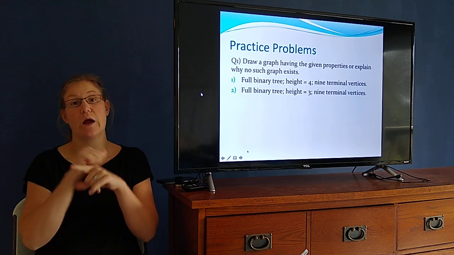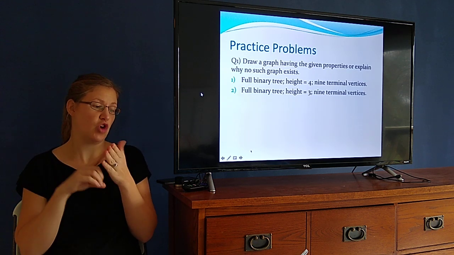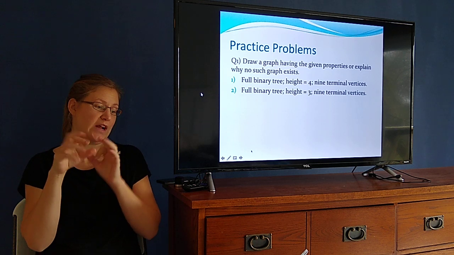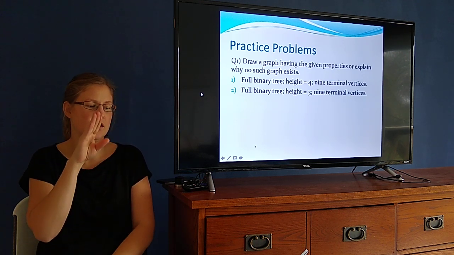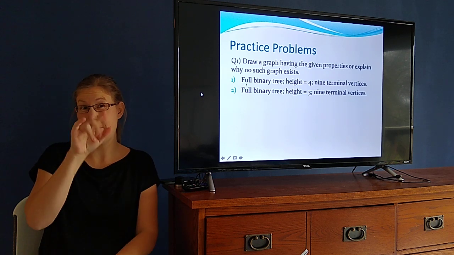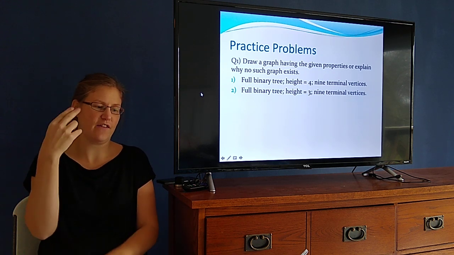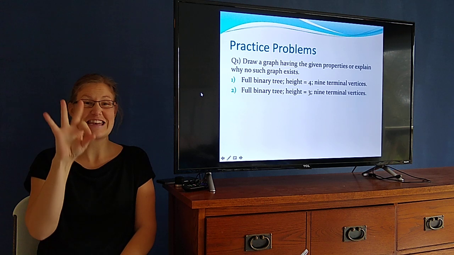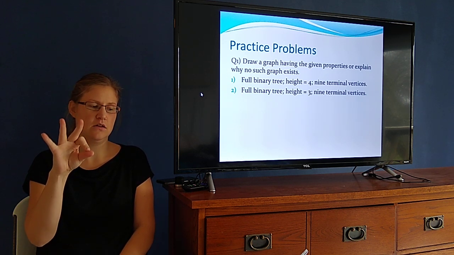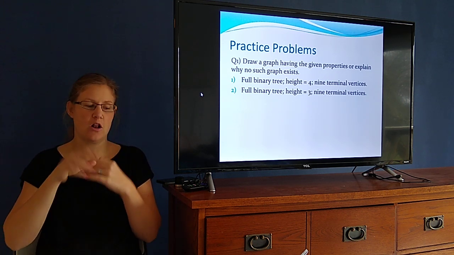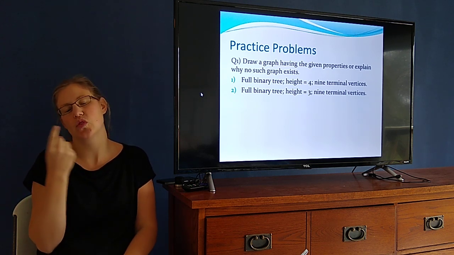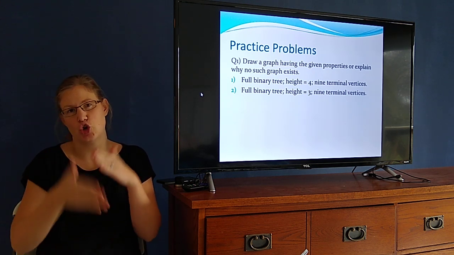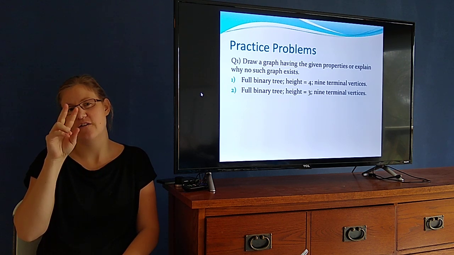Practice problems. Draw a graph having the given properties or explain why no such graph exists. Pay attention, it's a full binary tree of height 4, and it consists of 9 terminal vertices. The terminals are leaves.